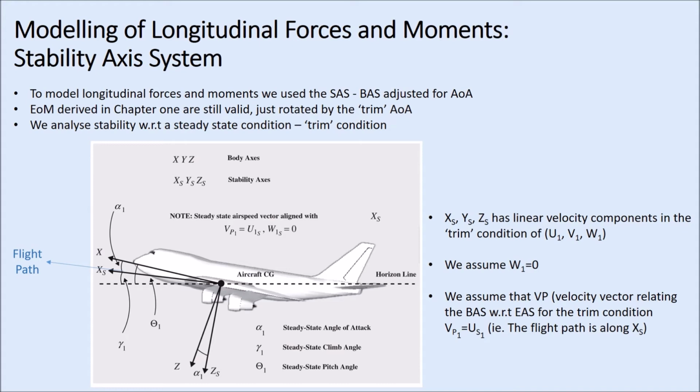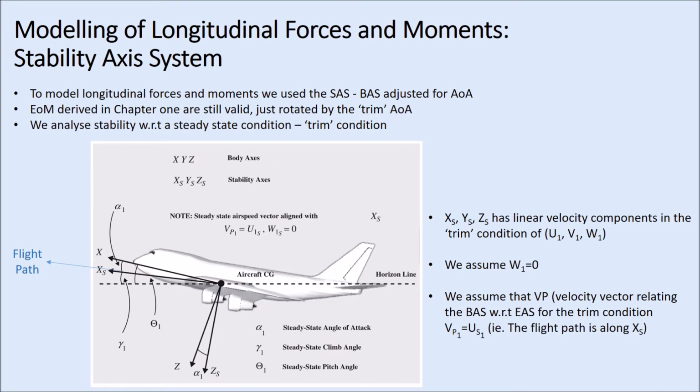So the stability axes are given subscript s's, so that's fairly intuitive, and we also have linear velocity components associated with those stability axes directions. So this is going to be our trim linear velocity, right?